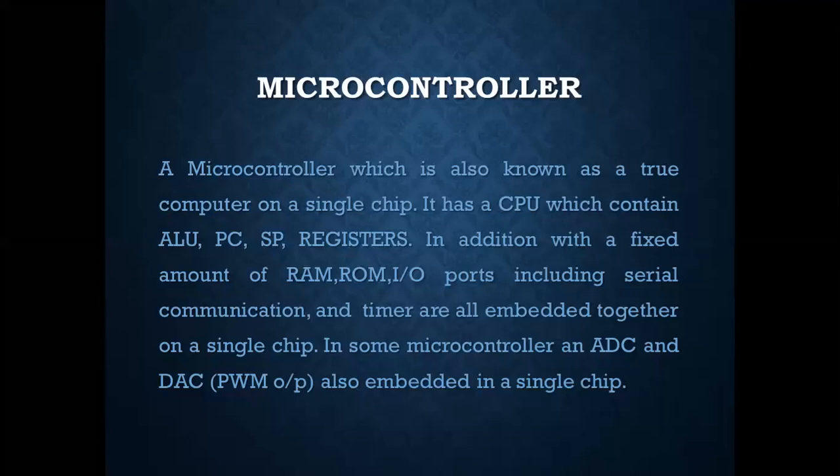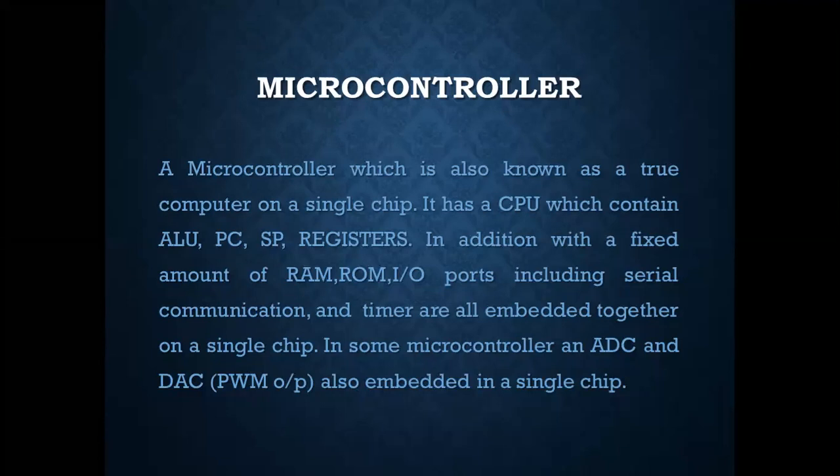But in a microcontroller, as this is a dedicated purpose device, the ALU, program counter, stack pointer and registers are associated and added with the RAM, ROM and IO ports. Some of the IO ports can be used for serial and parallel communication.